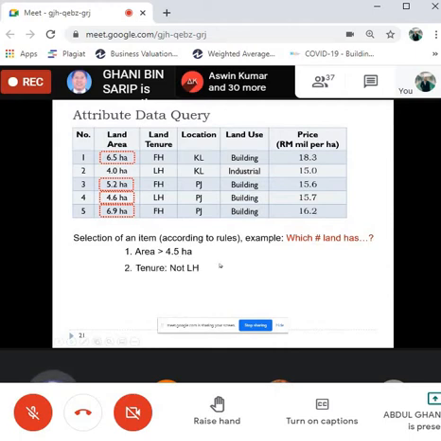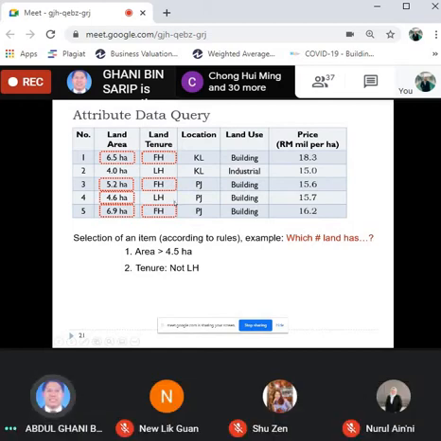And then further, tenure is not leasehold, which is actually a freehold. So it will further scale down to the properties that have a freehold land tenure. So it eliminates number 4 because number 4 is a leasehold.